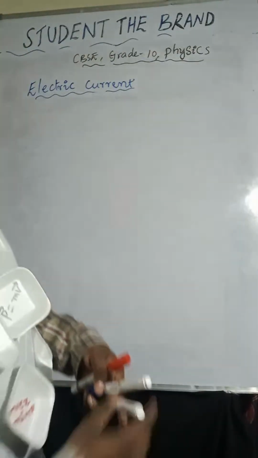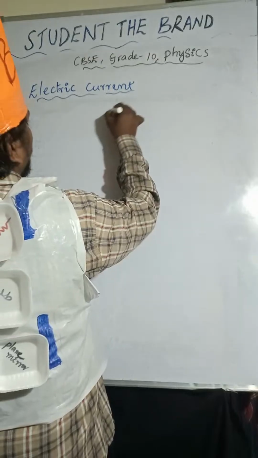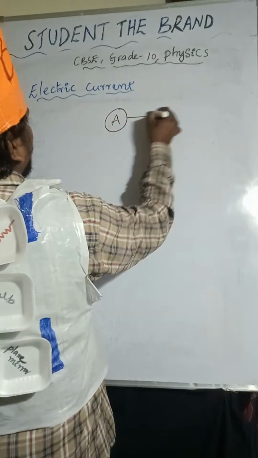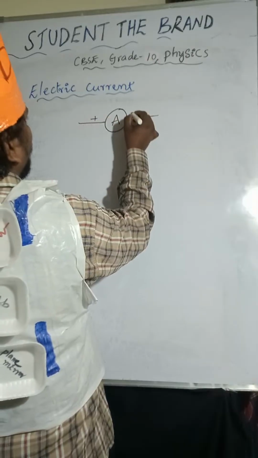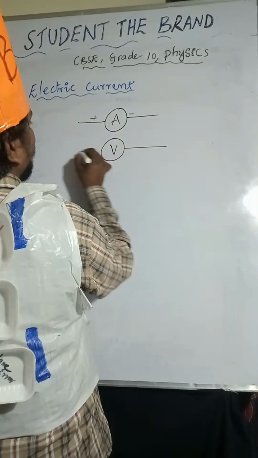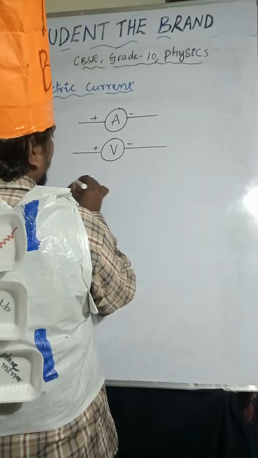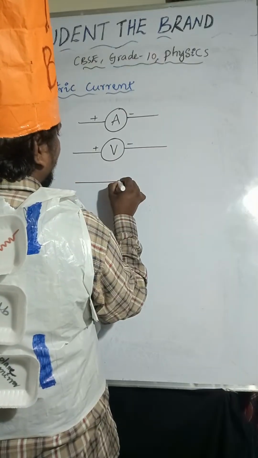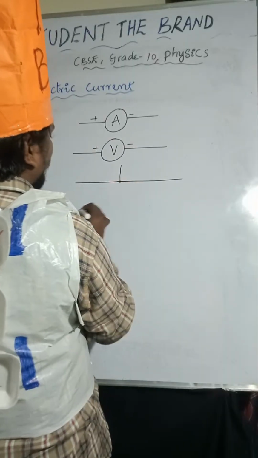Ammeter, voltmeter. The next one, wire joining, wire crossing.